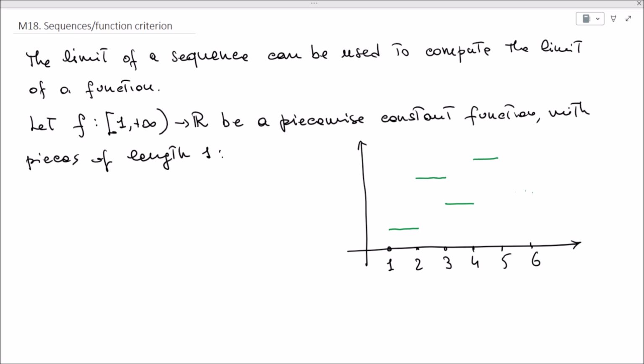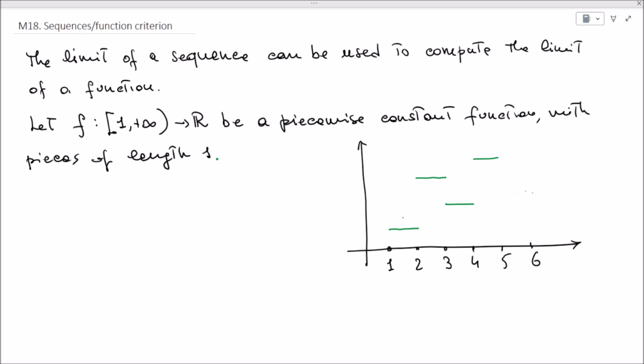So this is what a piecewise constant function is, and you see that each piece is of length 1.